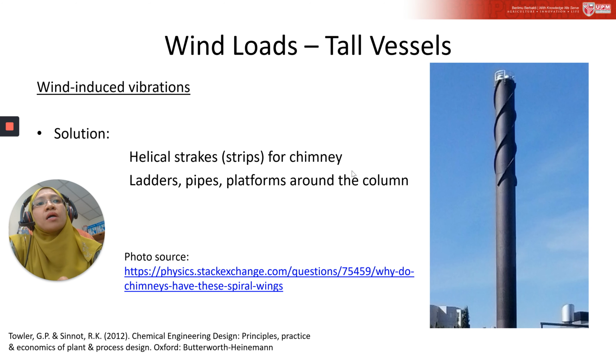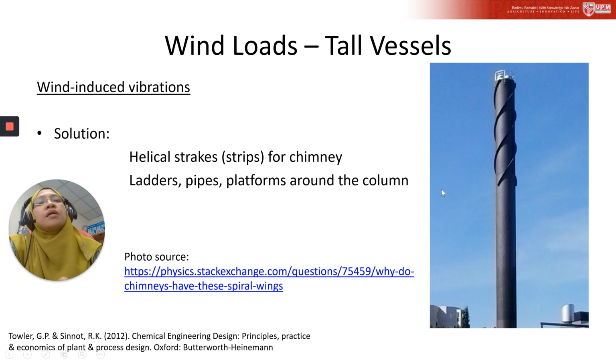So the design of a chimney is high, and then of course it may have wind-induced vibrations, and it can cause failure to the chimney. So commonly what engineers do is attach helical strakes, or strips. You can see from here, there is a helical strake.